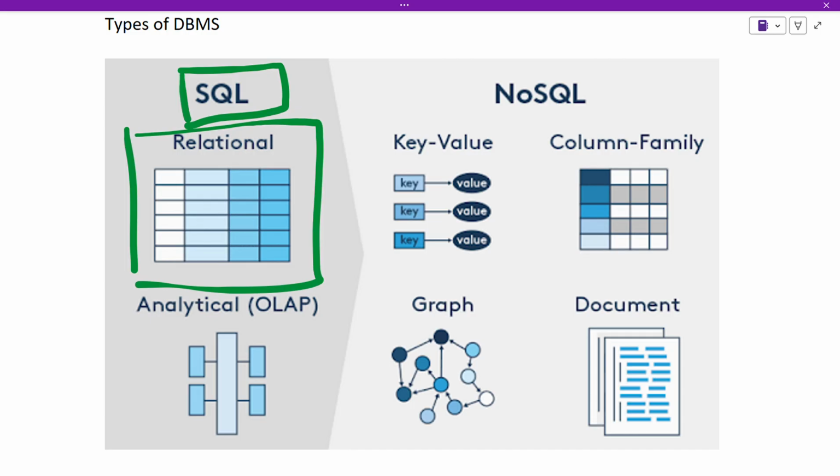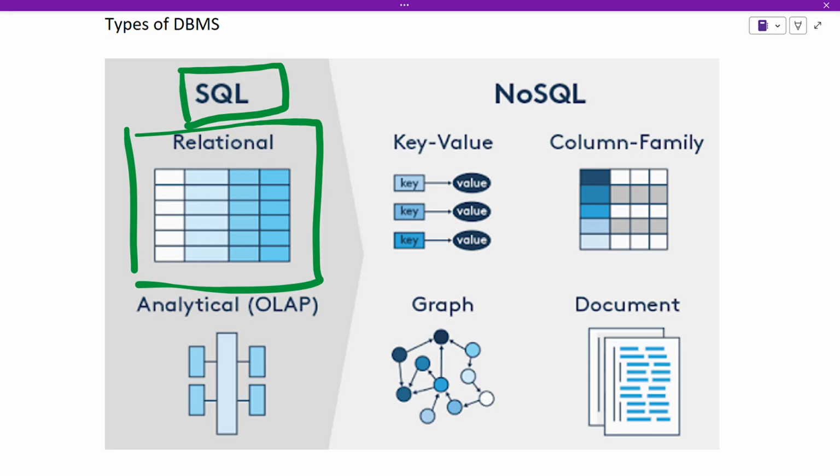So the relational, whatever data we are storing over the last few years, when we need to analyze what's happening and understand trends and get insights about the data, we can use these OLAP systems.